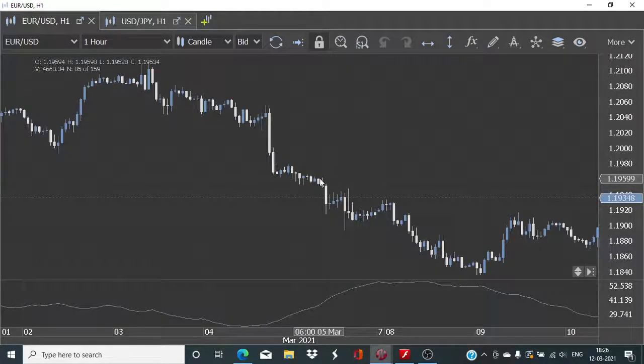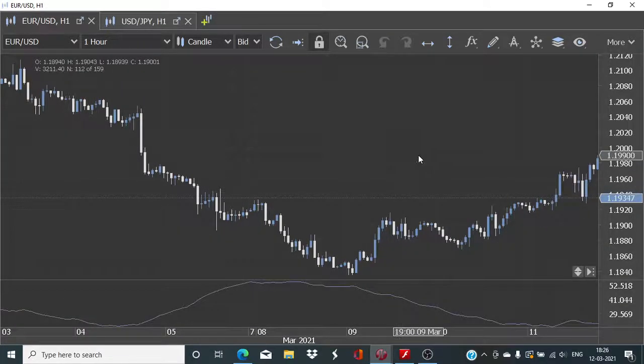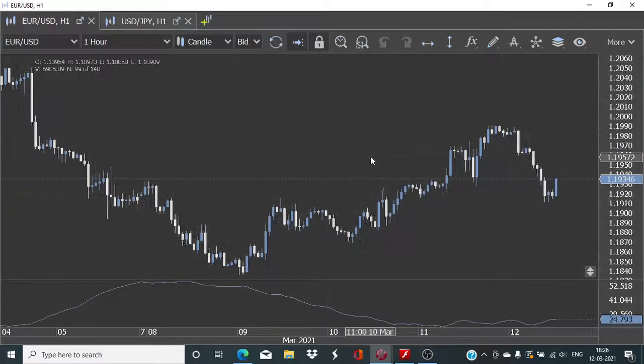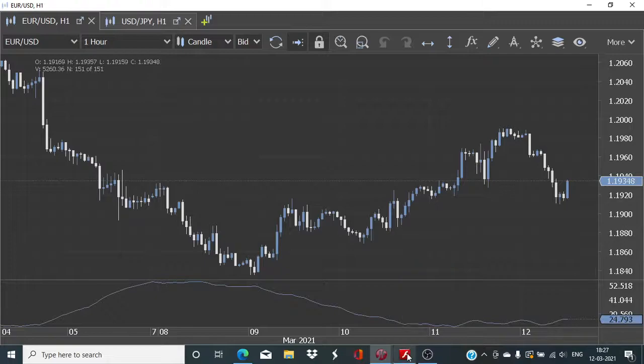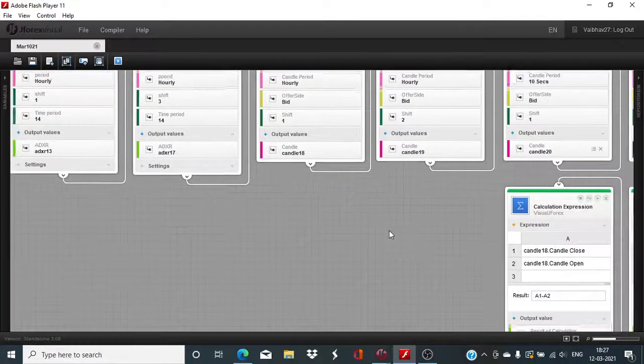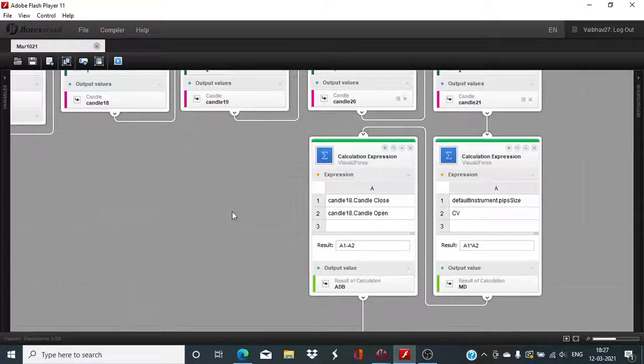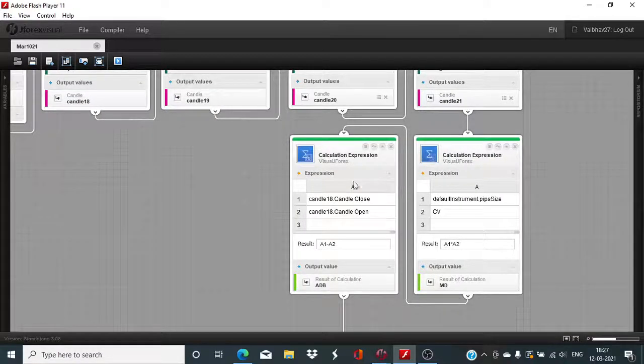I think we will have to look at the difference if it is more than 7 pips or not. So if it is, then the condition apart from this ADXR requirement, all other conditions are pretty much in place. So now we head back to the Visual Jforex board, which has been developed by the Dukascopy Bank SA.